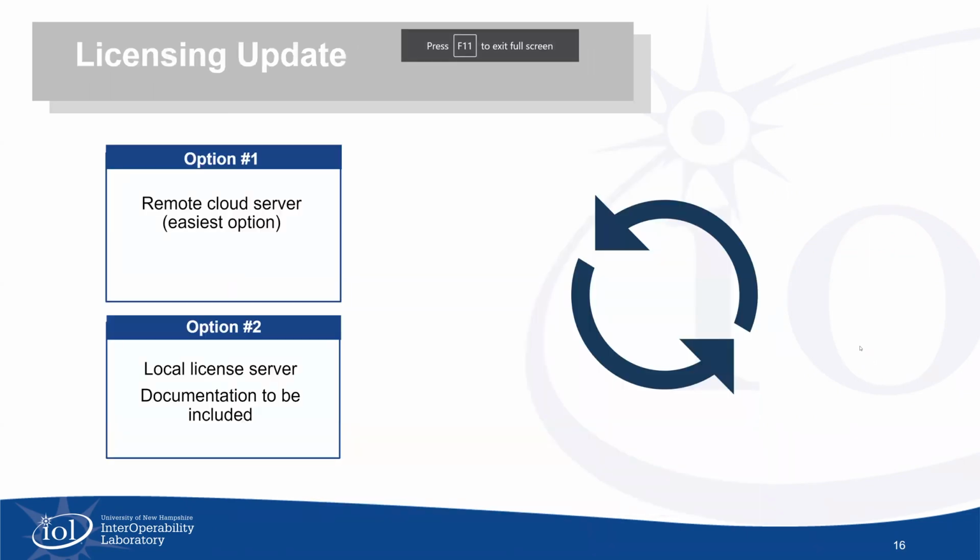All right, so one of the big things that did change was, once again, we're talking about the license checking and the license selector. We have updated so that this version 19 is going to have the ability to use basically a remote cloud server or a local license server. The nice thing about this is it makes it significantly easier for you guys to manage licenses internally.